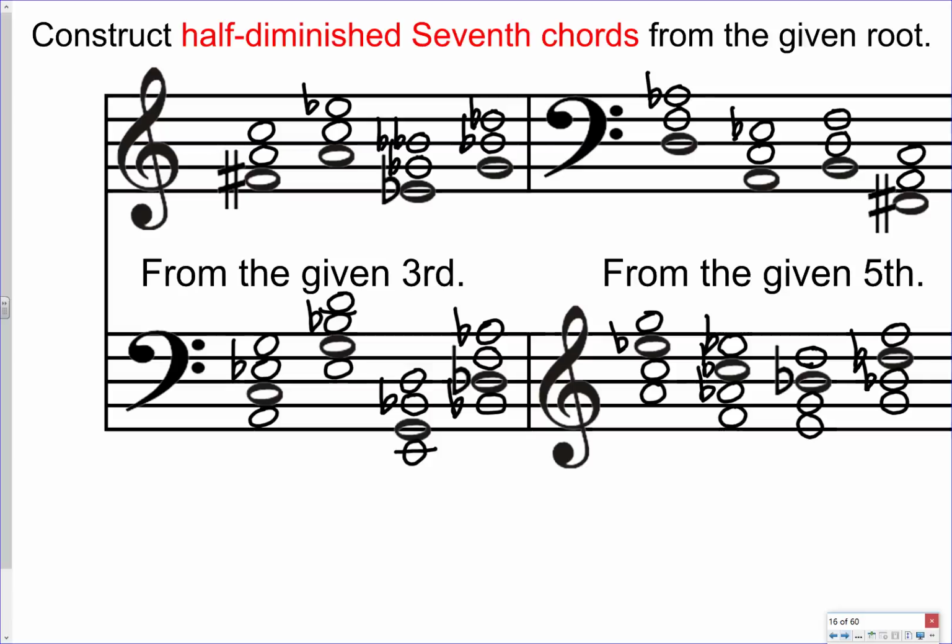And here we are. Please check the given third and the given fifth first, because I need to supply the seventh for the top line. I neglected to do that before.